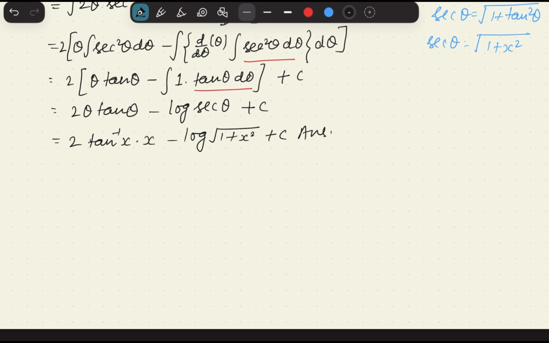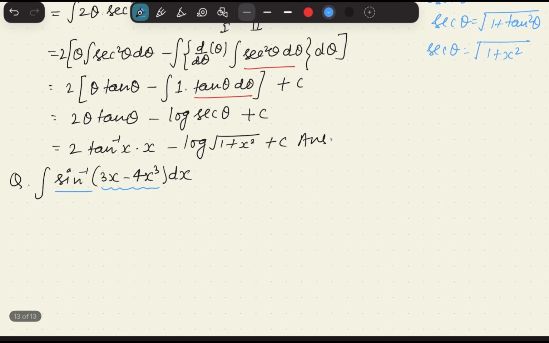Next question: integration of sine inverse of (3x minus 4x cube) dx. Now here we can see that we have sine inverse, so we want this term to be in terms of something sine. So clearly recall the formula of sine 3 theta.